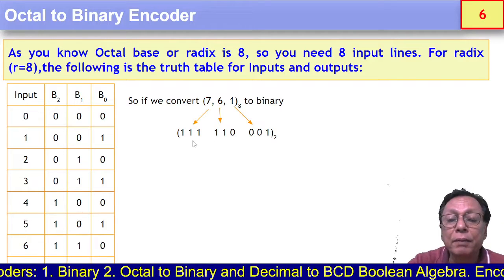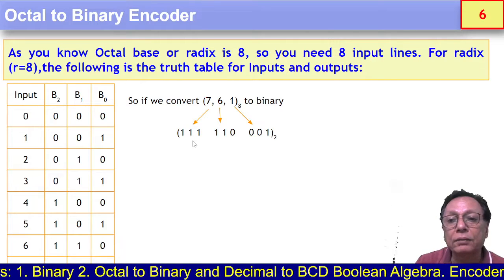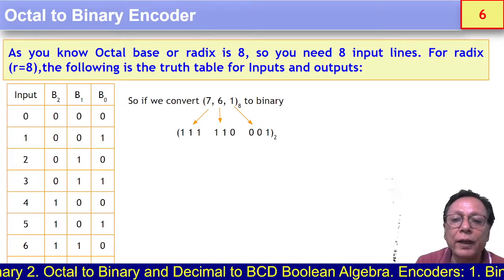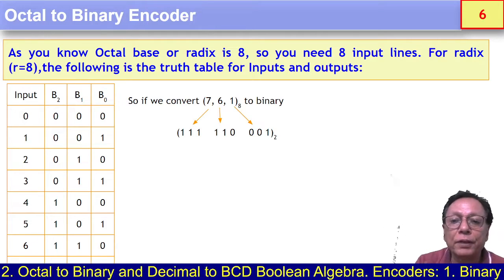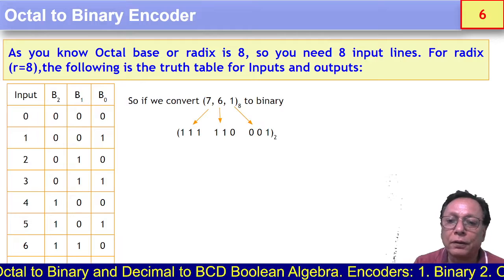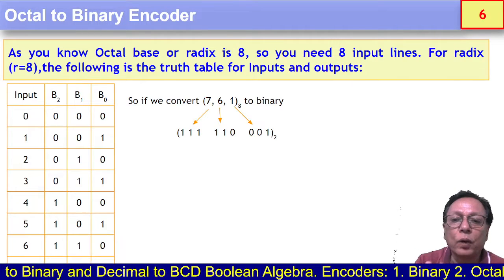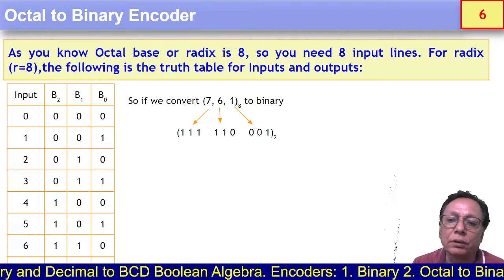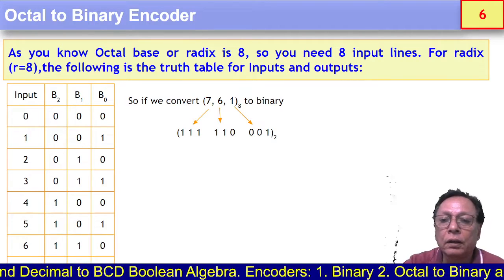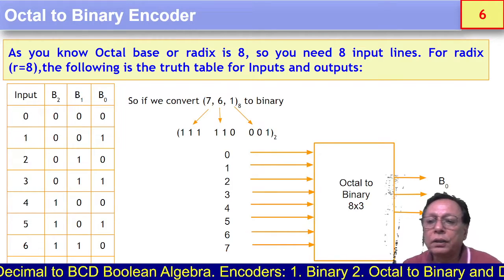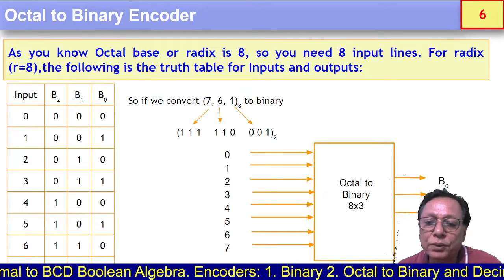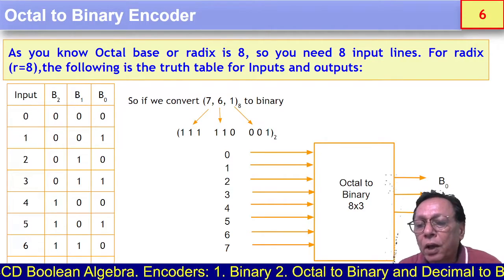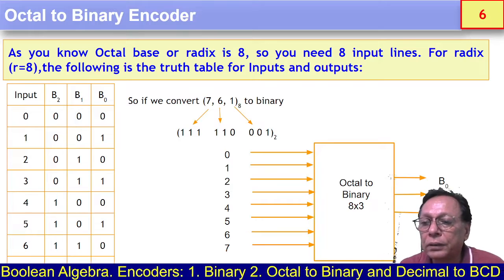The reason is that 2 to the power 3 is 8, the octal base, and that is why you pair 3 bits for octal. So 7 is 111, 6 is 110, and 1 is 001. So this is octal. Here the input lines are 0 to 7 and the outputs are B0, B1, B2.